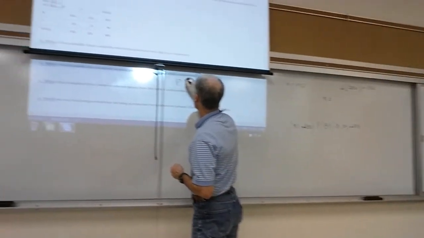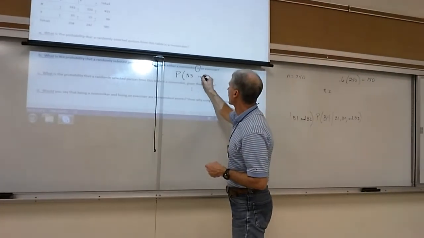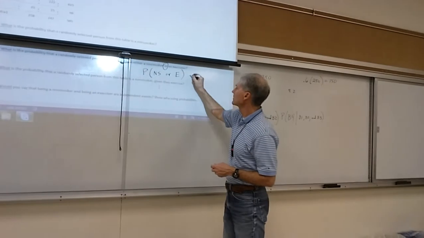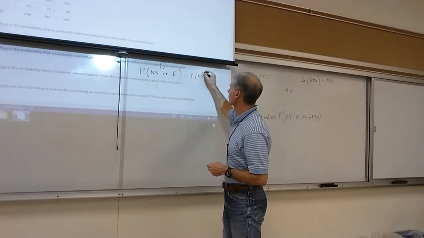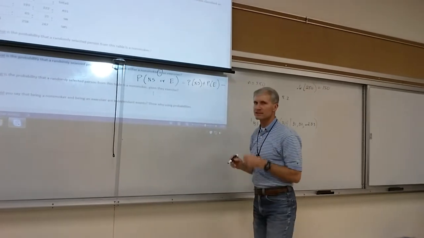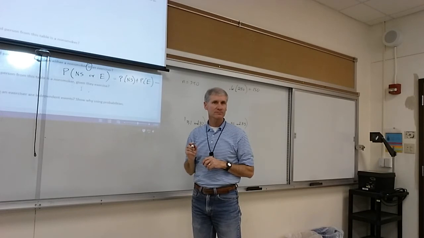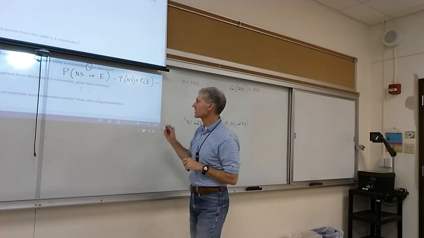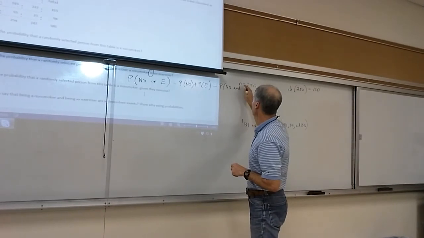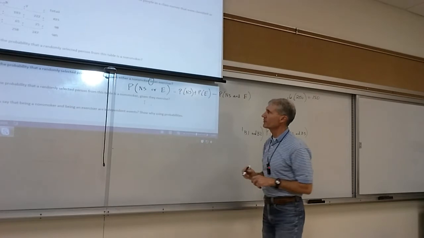So probability of a non-smoker, NS for non-smoker, or exerciser, so E for exercise, that's probability of non-smoker plus probability of exercise minus, where do you subtract back off? That they're a non-smoker and they exercise, because the people that did both got double counted. So you subtract them back off once.